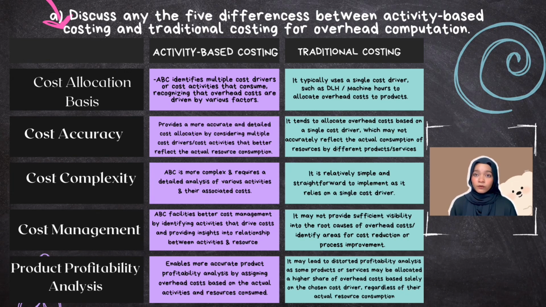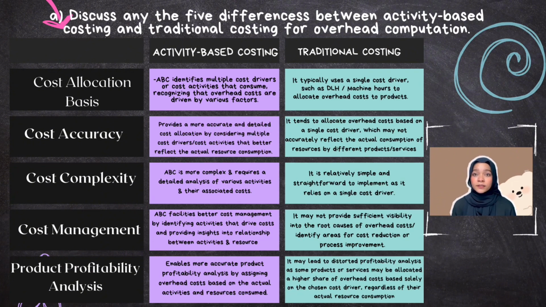Activity-based costing provides a more accurate and detailed cost allocation by considering multiple cost drivers or cost activities that better reflect the actual resource consumptions. It enables a more precise understanding of the costs incurred at each activity level.